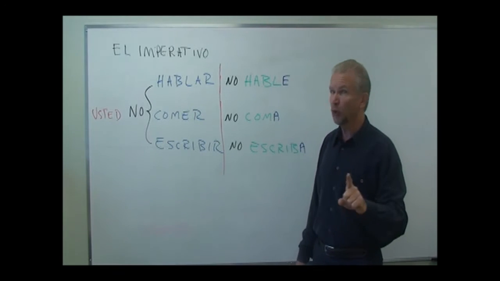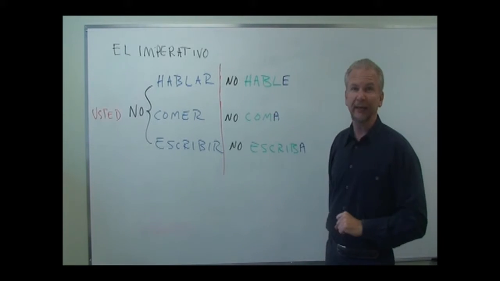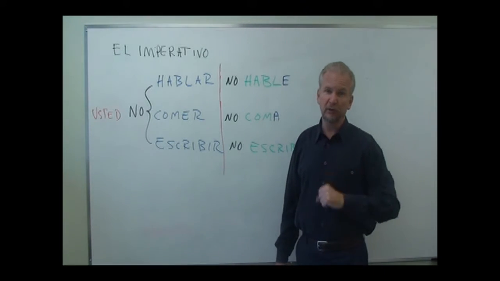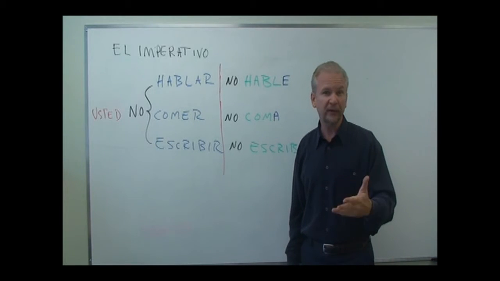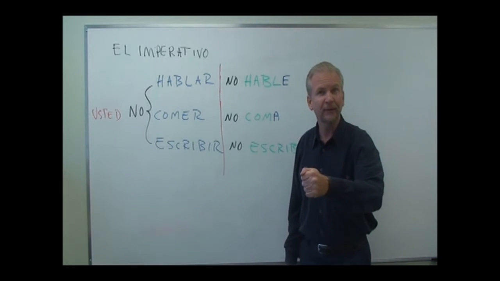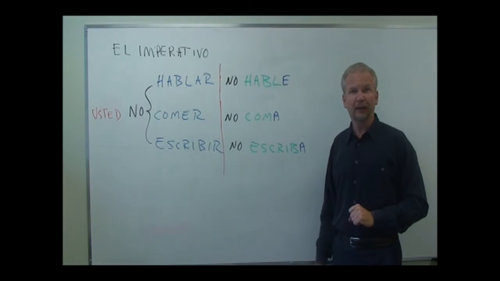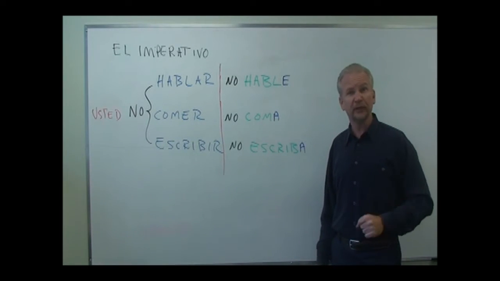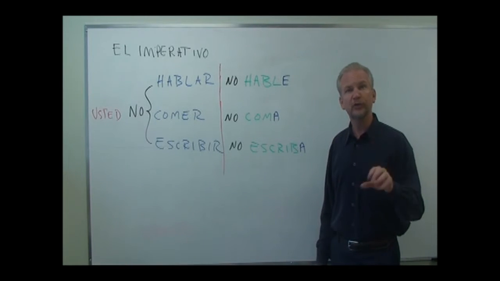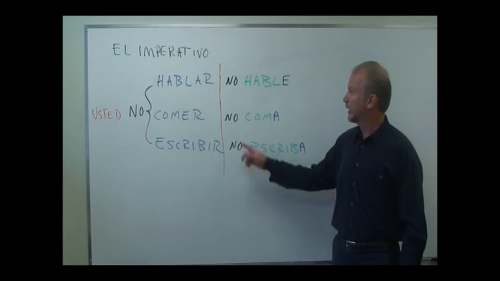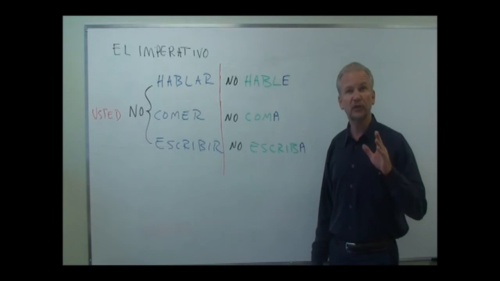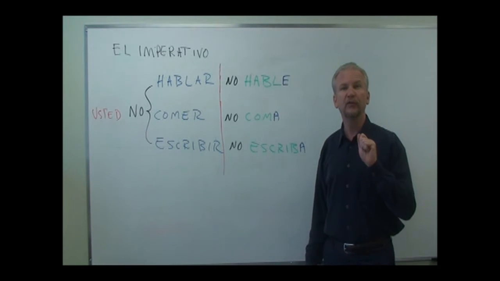If you want to say don't speak, no hable. In the positive form, you would say to write, right? Escriba. If you want to say don't write, no escriba. So those forms are basically the same. With the usted form, all you need to do is add no to change the positive command into a negative command.